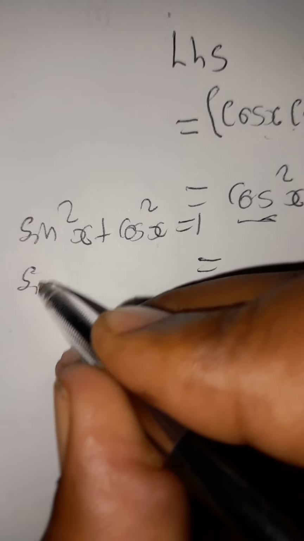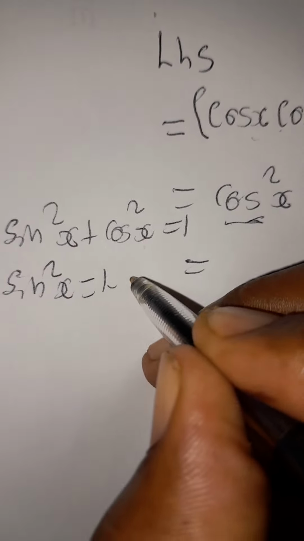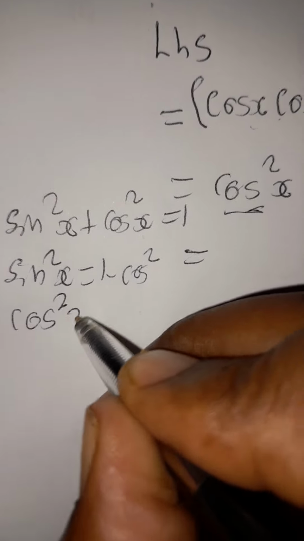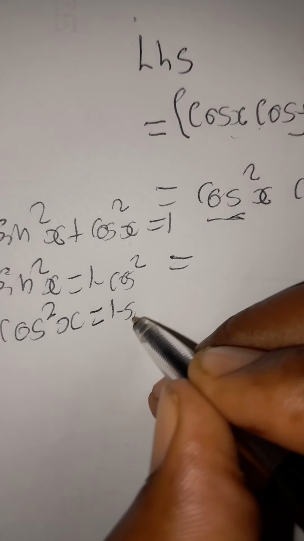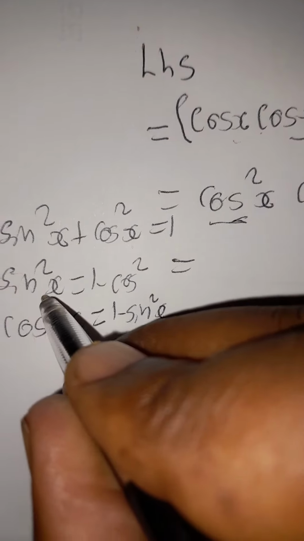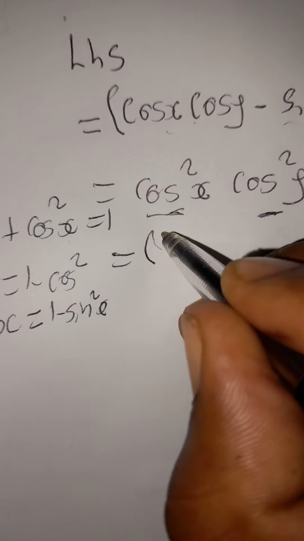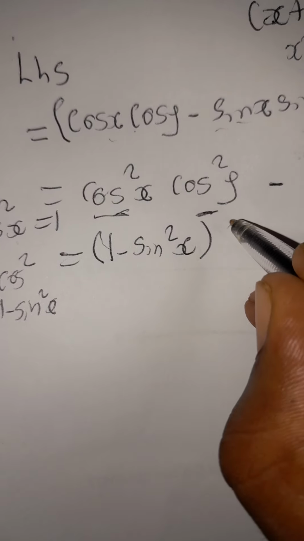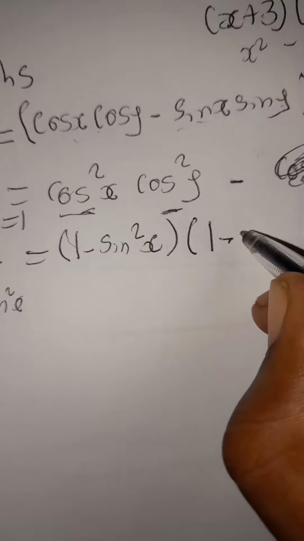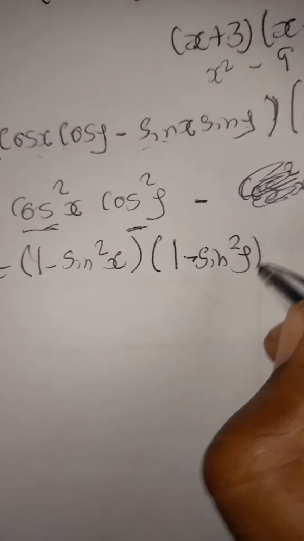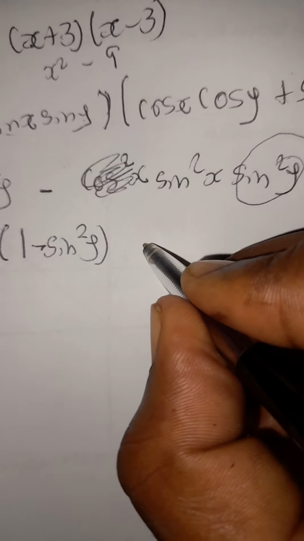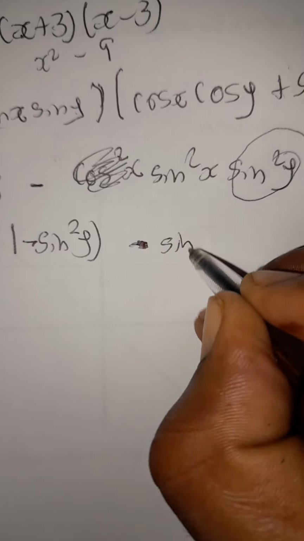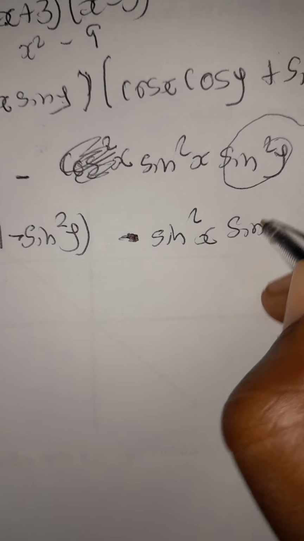To make cos the subject, you transpose sin, so cos²x will be 1 − sin²x. For cos²y, you're going to have 1 − sin²y. Subtracted by sin²x and sin²y.